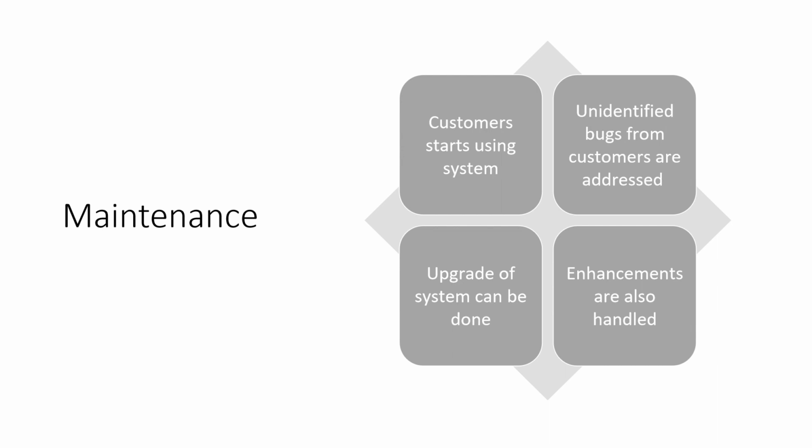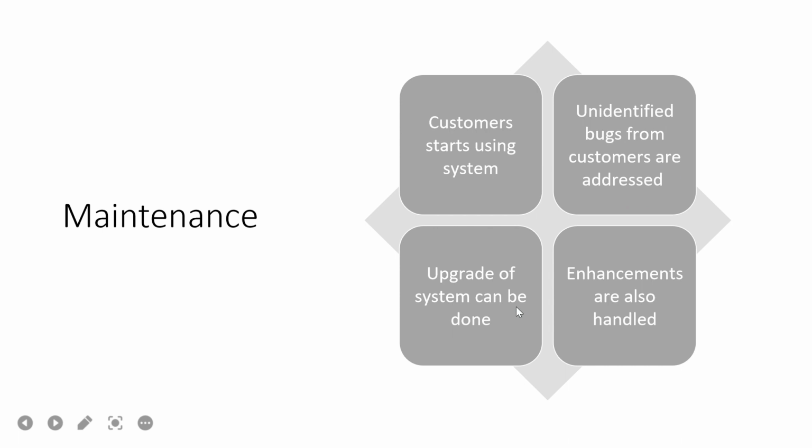So at that time, I will call the WhatsApp team, or I can email the WhatsApp team and tell them, see, this is not working as expected, or this is working in a wrong way. So at that time, the WhatsApp maintenance team should be able to fix it, communicate with the project team, and fix it and give it back to us. So this is called unidentified bugs from customers are addressed.